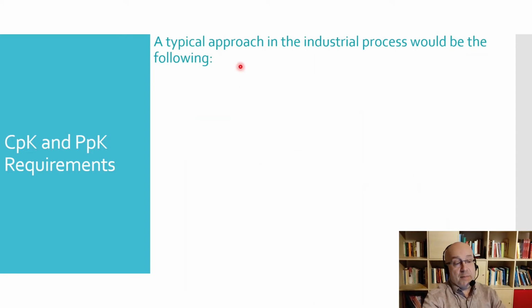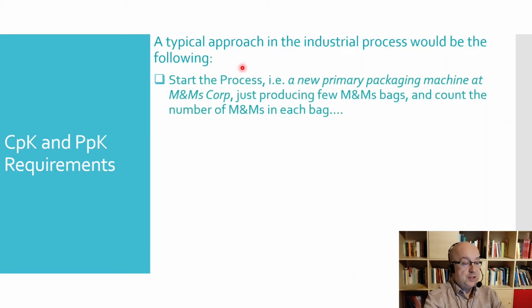A typical approach in the industrial process would be the following. Start the process, for example, introducing in the production area at M&M's Corporation a new primary packaging machine, just producing few M&M's bags, and count the number of M&M's in each bag.